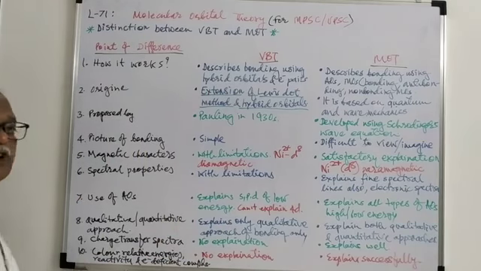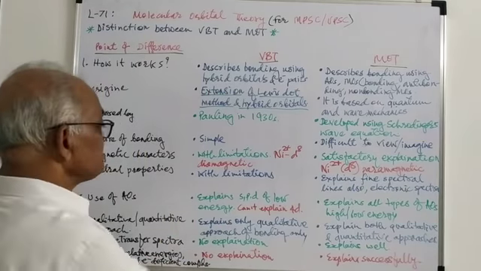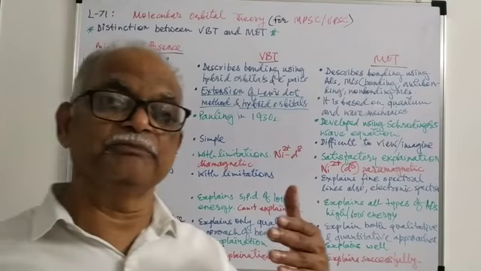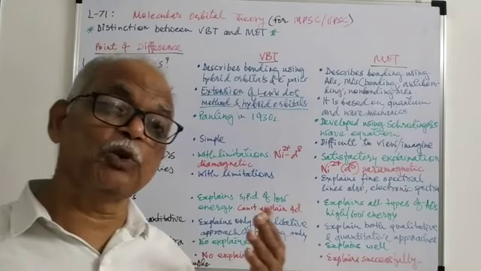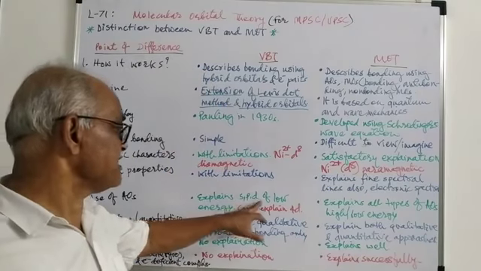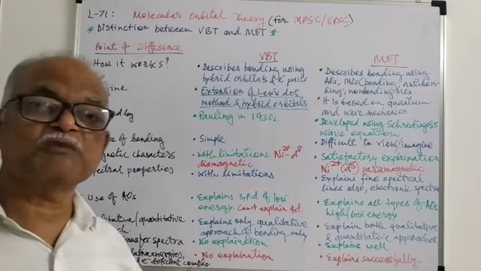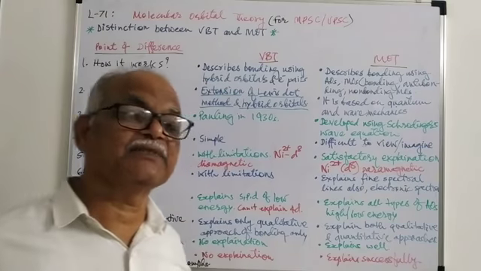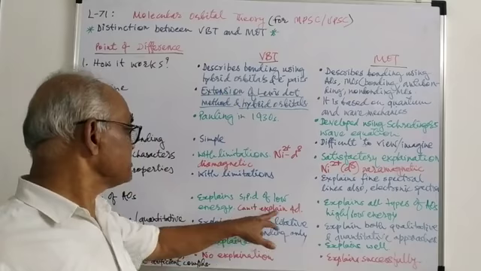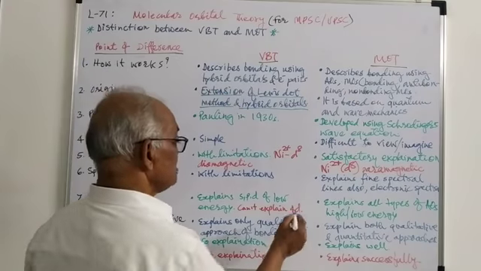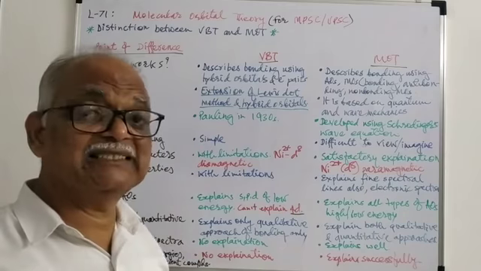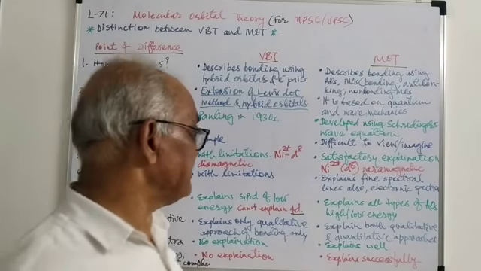Then use of atomic orbitals. VBT mostly makes use of lower energy orbitals such as s, p, d, but it cannot provide explanation for higher energy orbitals like 4d. It cannot explain the use of 4d orbitals.